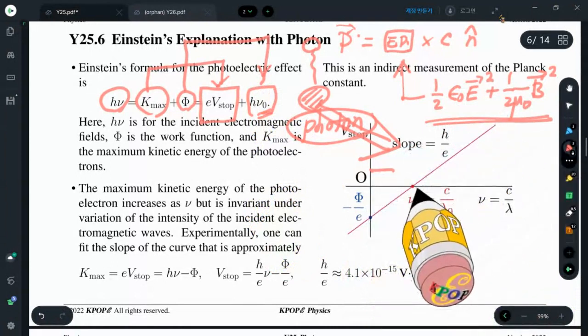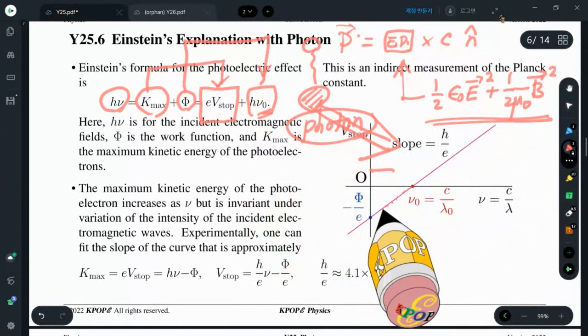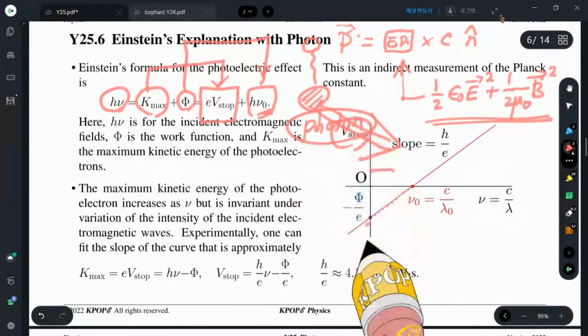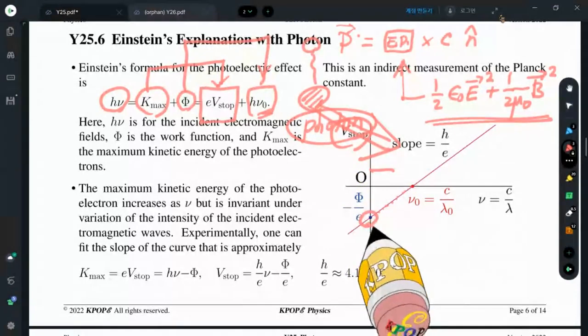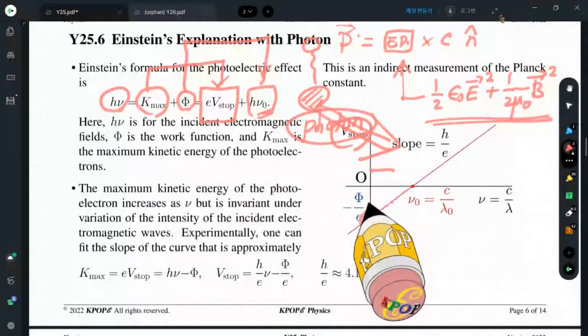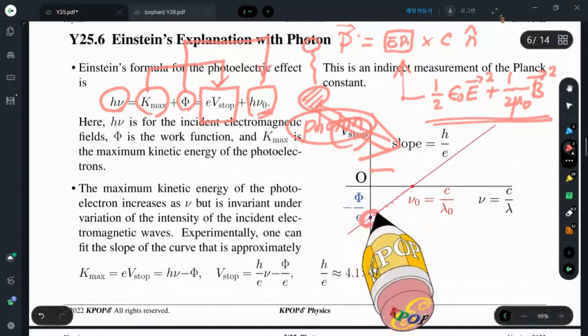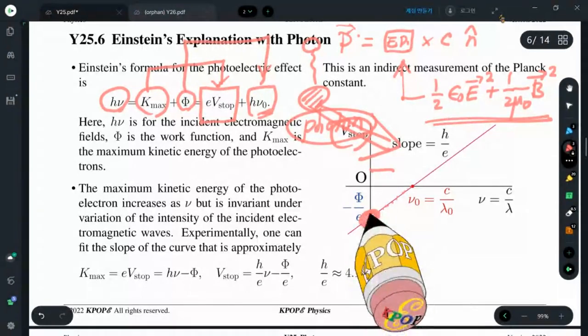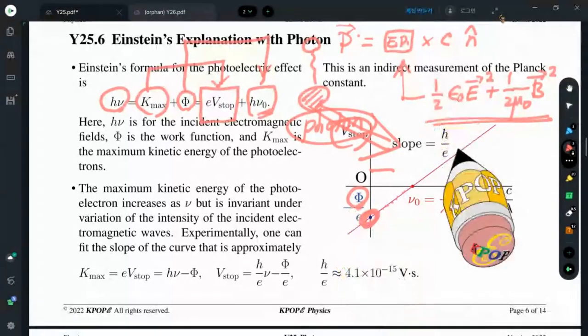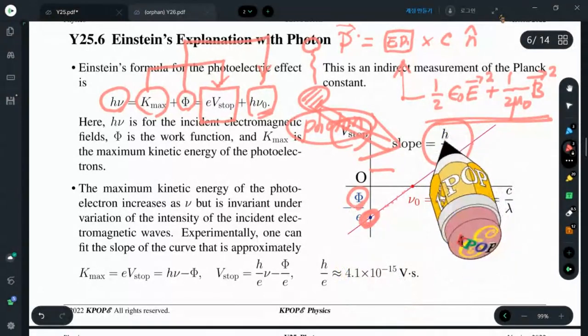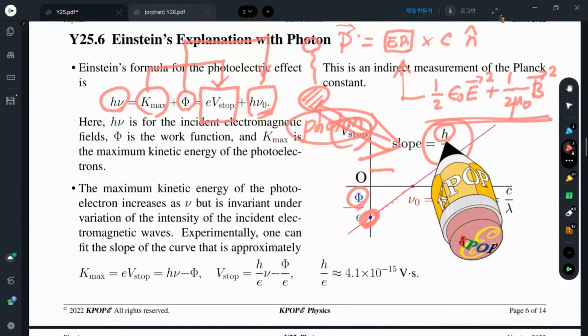If you extend this line to the y-axis of V-stop, we arrive at a y-intercept that is exactly the same as phi over e. So this point, the y-intercept, determines the work function. And the slope determines the natural constant called Planck constant that determines the energy of a photon.